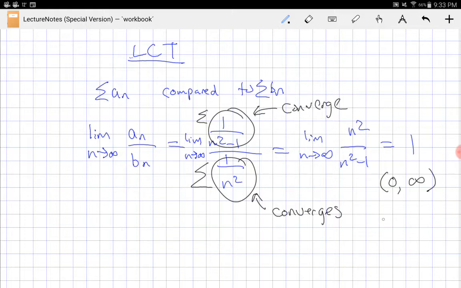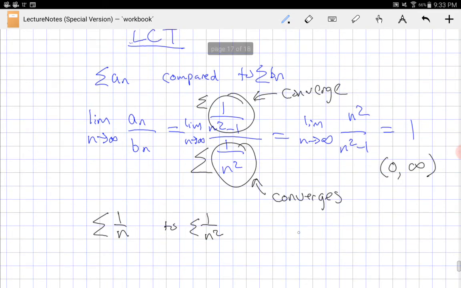For example, say we are comparing 1 over n to 1 over n squared.